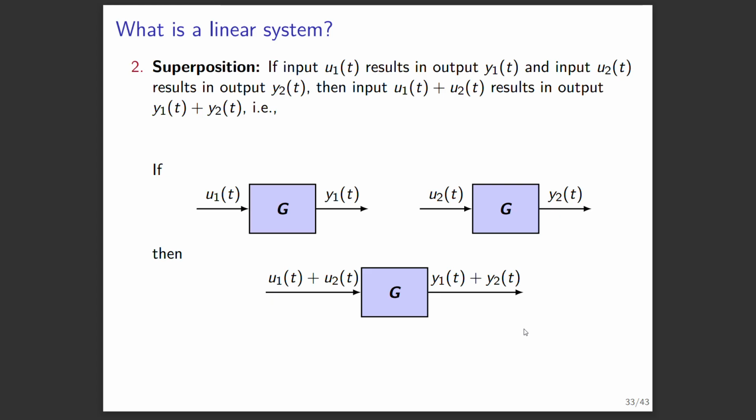If I make the input twice, 10 volts in, I expect to get twice as big an output. So if the output is 12 volts, I expect 24 volts.